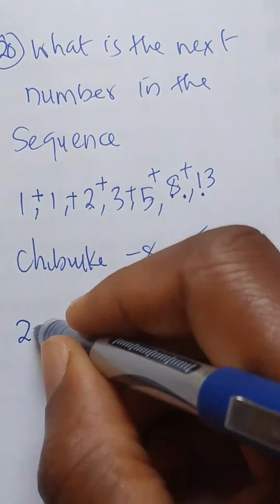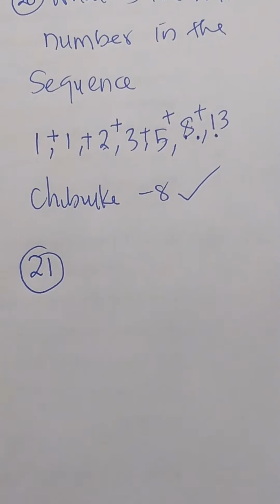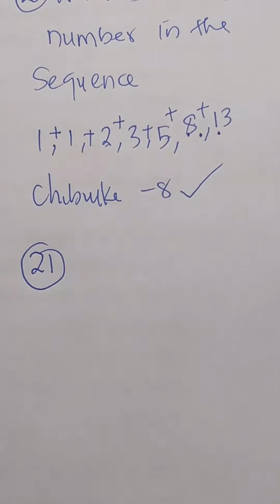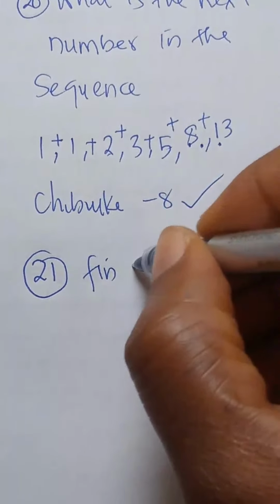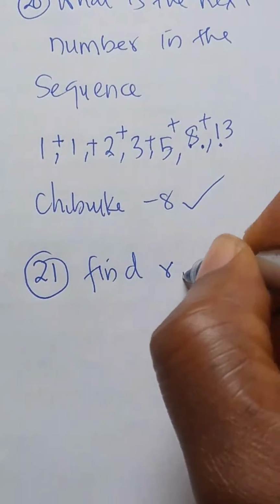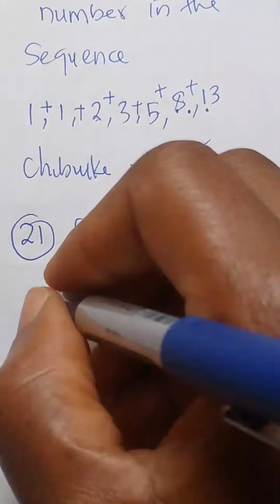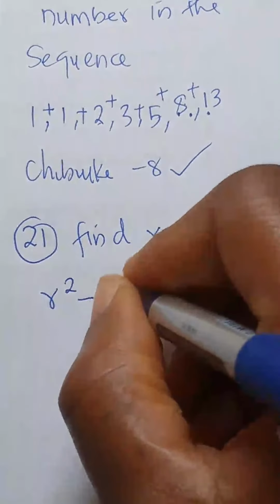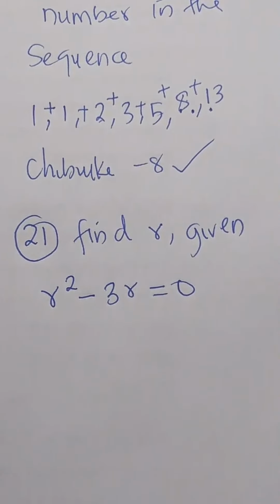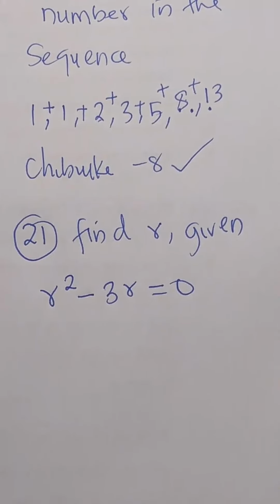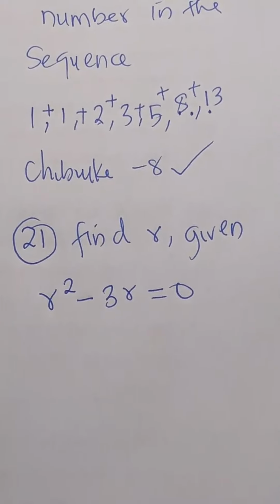Then the question number 21. Let's solve question number 21, okay? Find R given R square minus 3R equals 0.